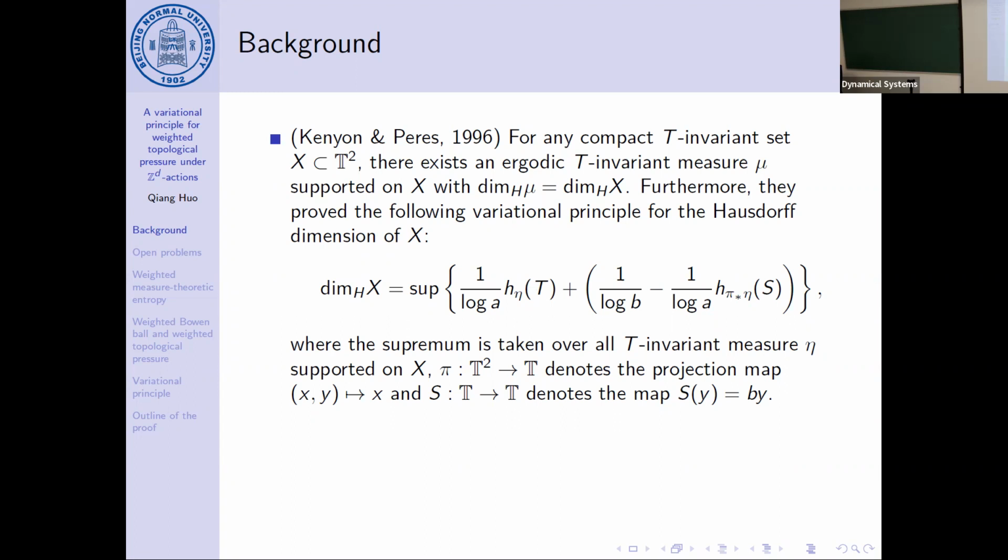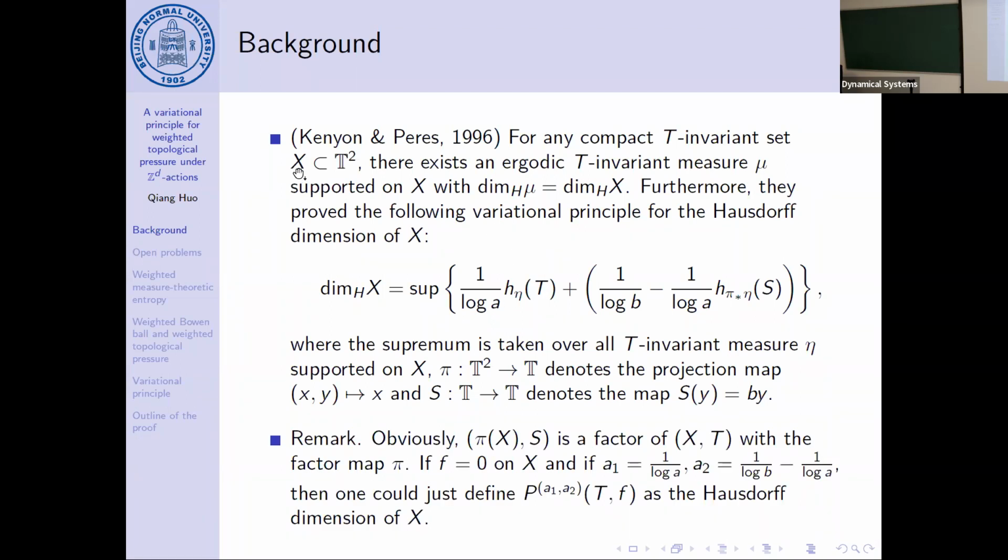Okay, let's continue. So if X is an invariant set of the torus, clearly (X, S) is a factor of (X, T) with the factor map as the projection map.